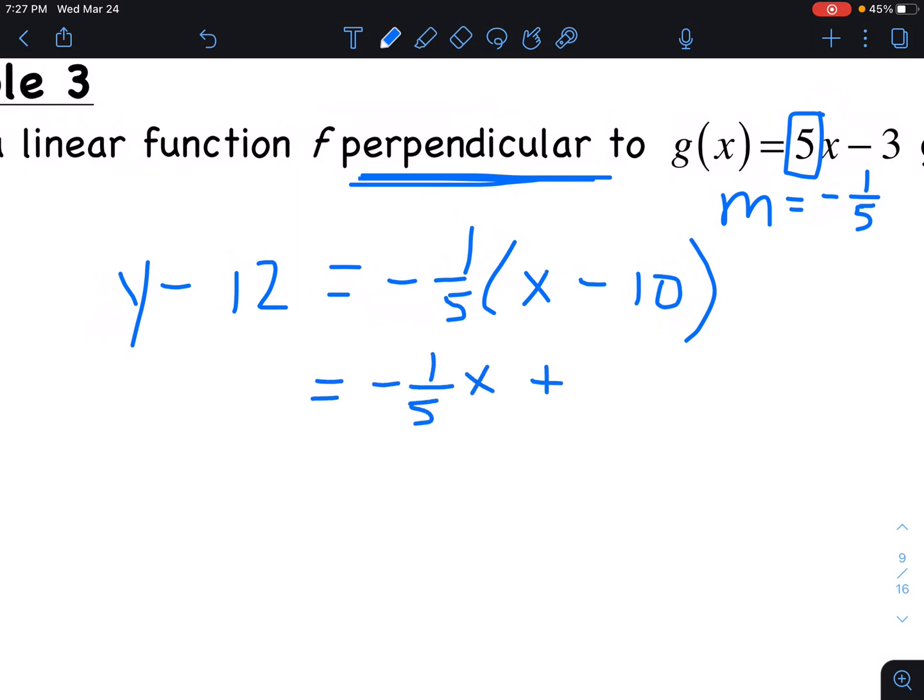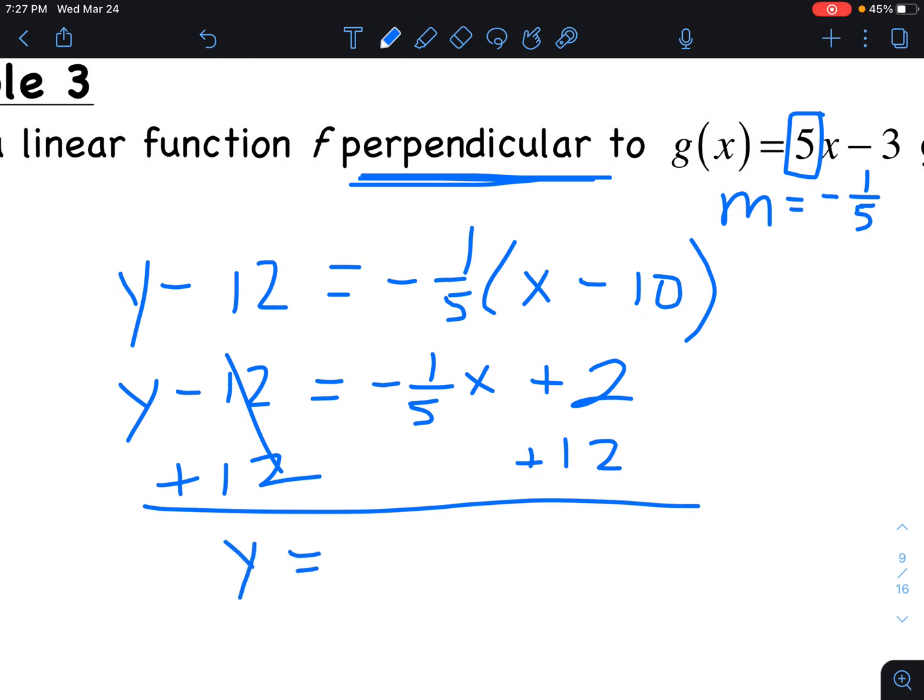Negative times negative is a plus. 1/5 times 10, 10 over 5 is 2. Then we're going to add 12. And we got y equals negative 1/5 x plus 14.